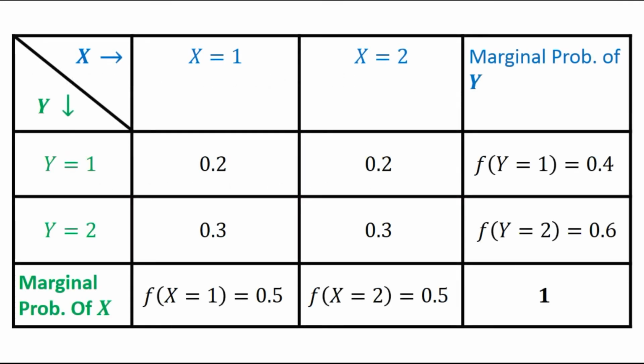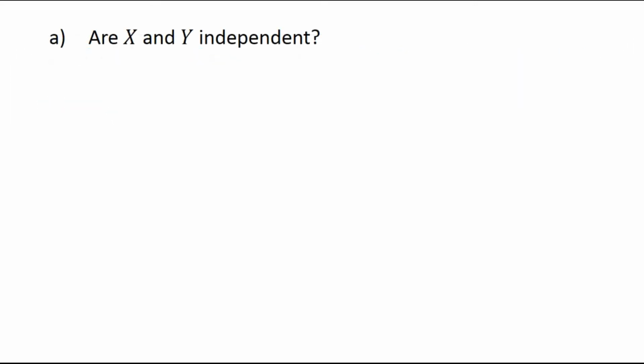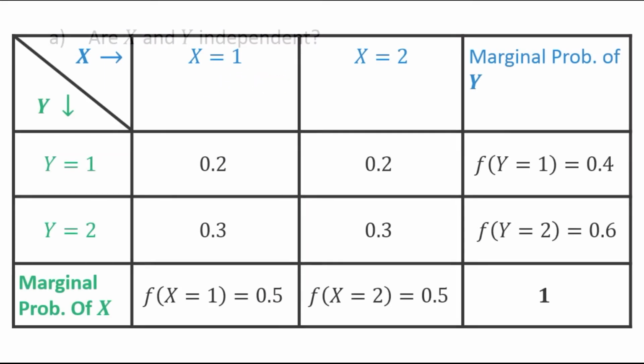Now we have given this joint probability distribution, and the first question that we have is, are x and y independent? So this is a very simple question. Probability that x equals to 1 and y equals to 1 is 0.2.